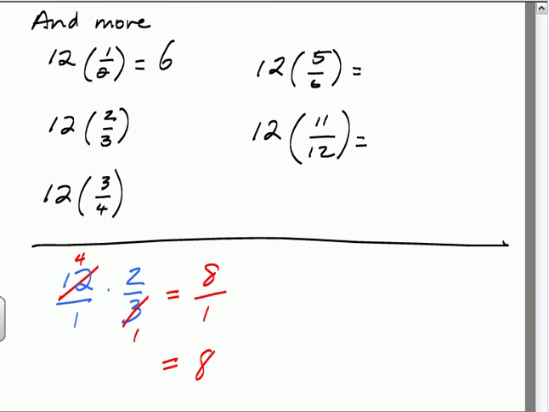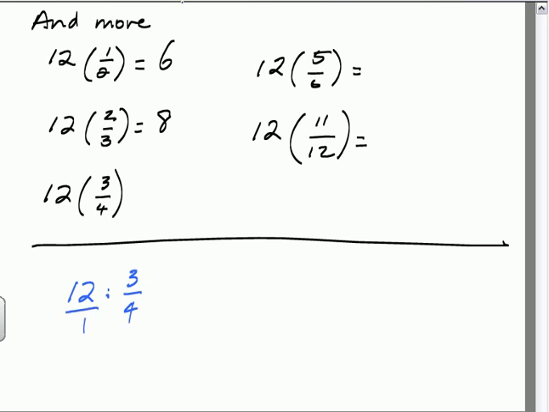I love it. So we get an 8 here. Let's do a little bit more. What happens when we have 12 times 3/4? Throw that over 1. We can cancel, divide by 4, we end up with 9.